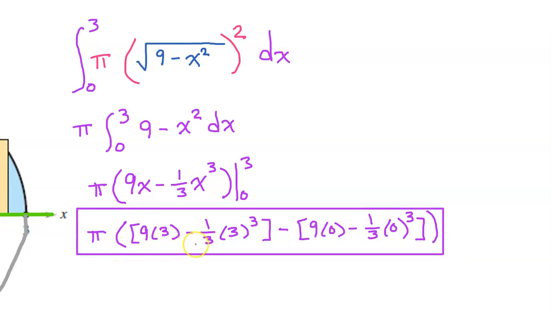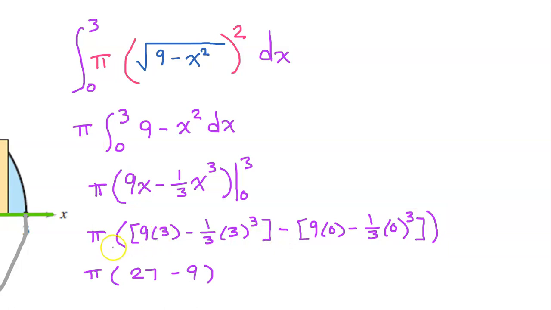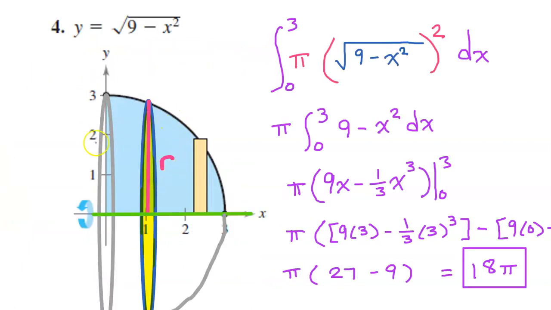If this was a free response question on an exam, you could just leave your answer just like this, full credit. However, when you're practicing, you should always simplify because you want to prepare for the possibility of a multiple choice question. The expression simplifies down to this, which is equal to 18 pi. So the volume of this solid of revolution is 18 pi.